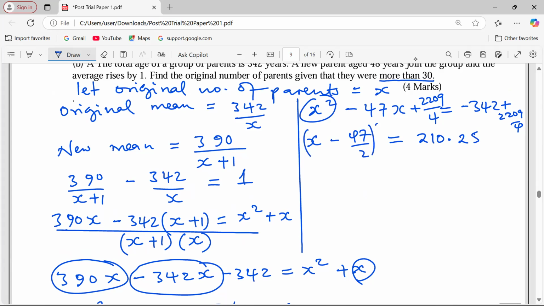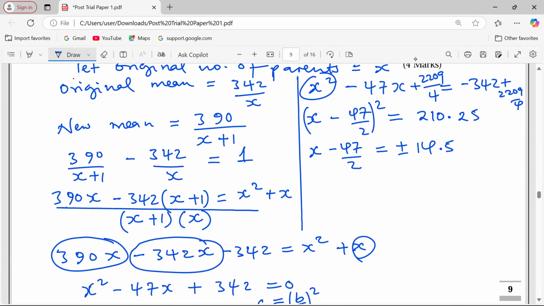That is the factorized form: the perfect square. So we take square root for both sides. x minus 47 over 2 is equal to plus or minus 14.5.